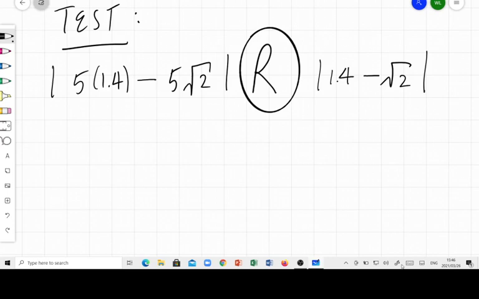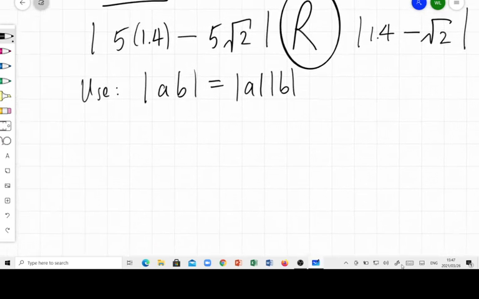So we have to relate these two. So what we do here is that we make use of this rule of the absolute value, that if I take the absolute value of a product, it's the product of the absolute values.